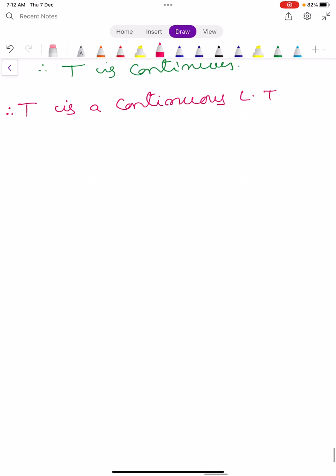So further, let us apply here. For any small m belonging to capital M, T of small m is equal to small m plus capital M by definition.